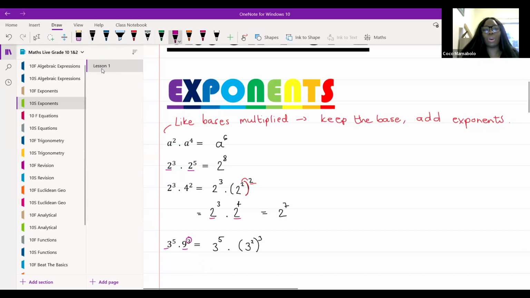Now I know I've got a bracket and an exponent, so I'm going to multiply my exponents. I'm going to end up with 3 to the power of 5 times 3 to the power of 2 times 3, which is 6. Now, do I have the same base? Yes, I do. So that tells me that my like bases are being multiplied. So I'm going to keep the base and add my exponents. 5 plus 6 will give me 11.